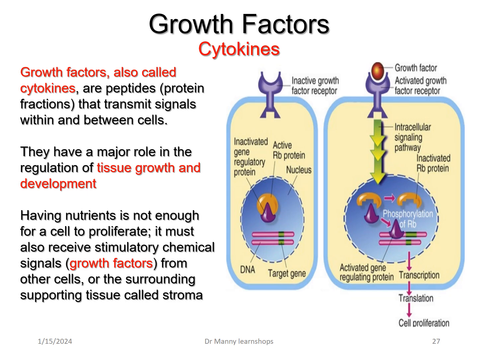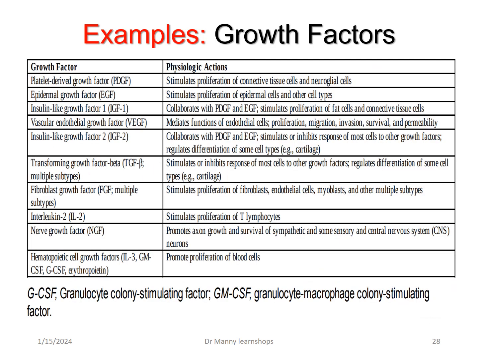It also has to receive stimulatory chemical signals related to growth factors. These come from other cells or surrounding tissue called stroma. Examples of growth factors are platelet-derived growth factor, epidermal growth factor, insulin-like growth factor, and the list goes on.